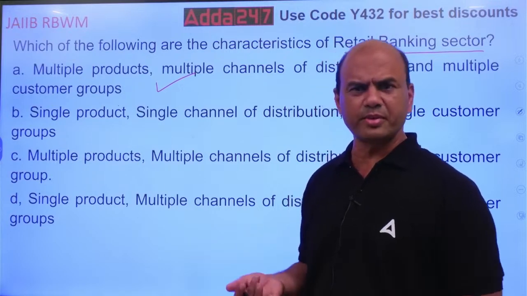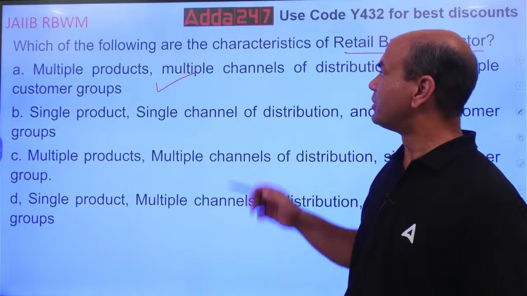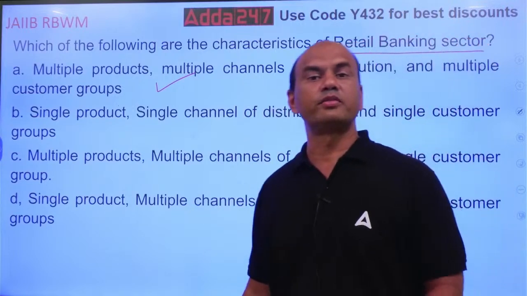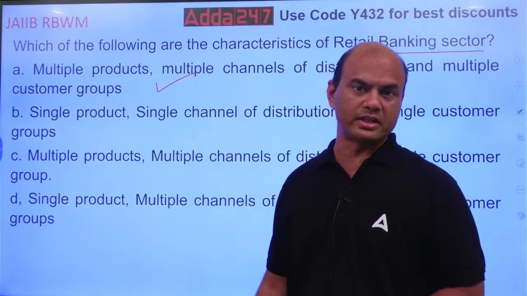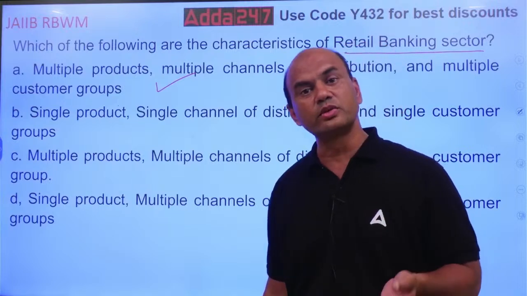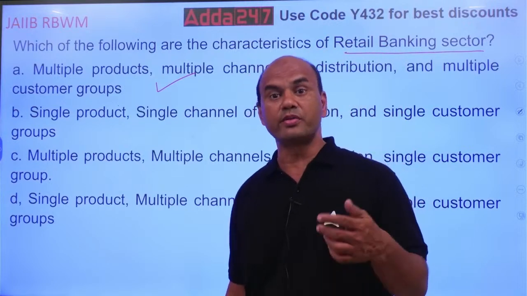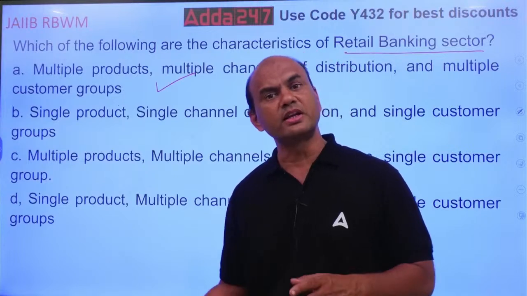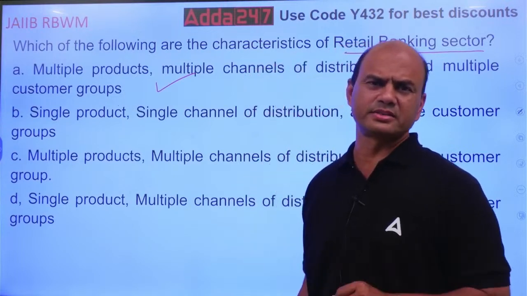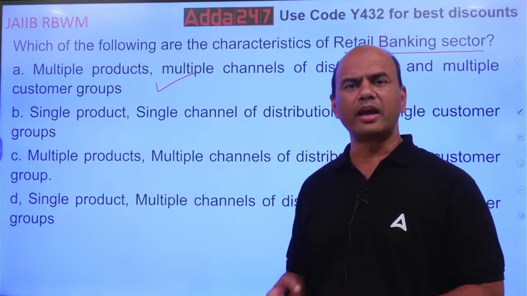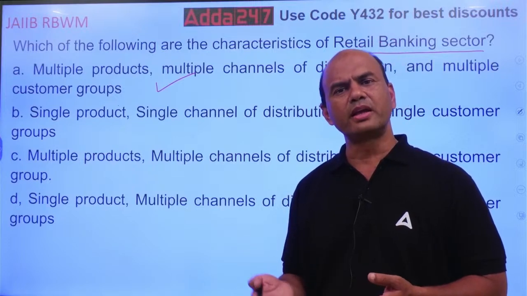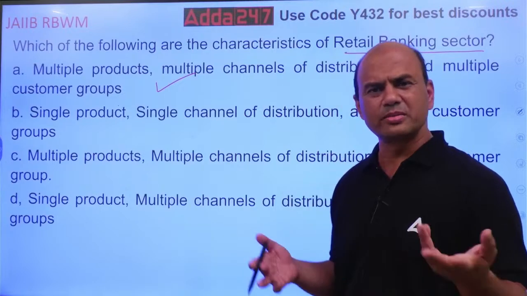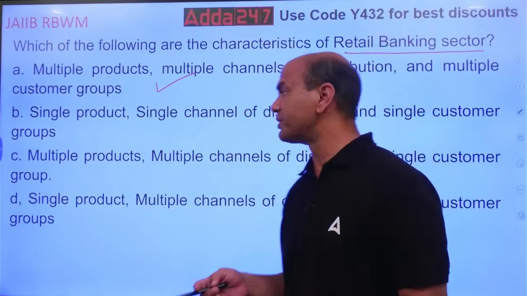That is also TPP, isn't it? Multiple channels means you need to have the physical channels as well as alternative channels. In physical channels, you need to have the branch, DSA, BCs, business correspondents. In alternative channels, you can have multiple things like internet banking, app banking, phone banking, mobile banking, social media banking, 1,000 things, isn't it?